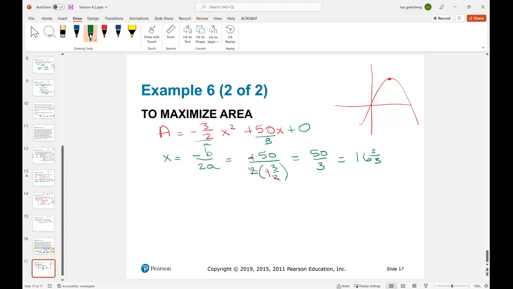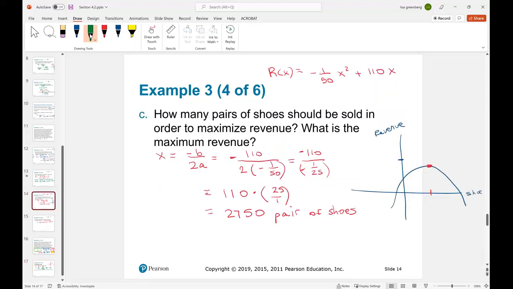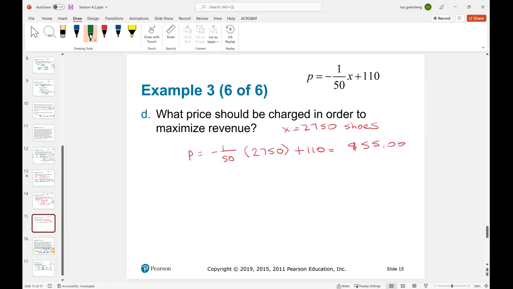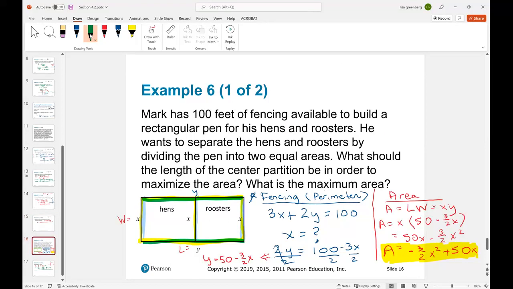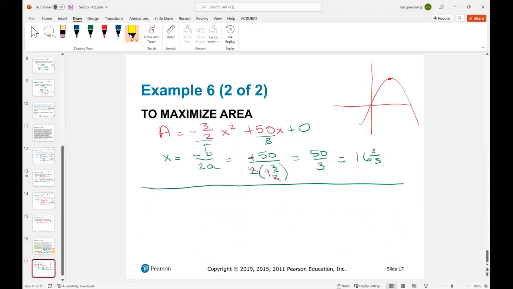Okay, so that gives me what my x is, which is one of the questions, right? So first question is, what should the length of the center partition be in order to maximize the area? Well, we just found it. X has to be equal to 16 2/3 feet.